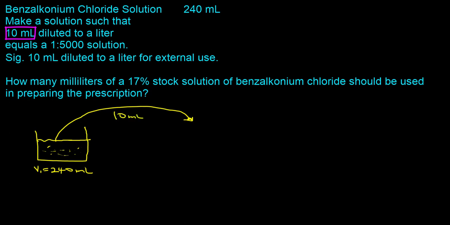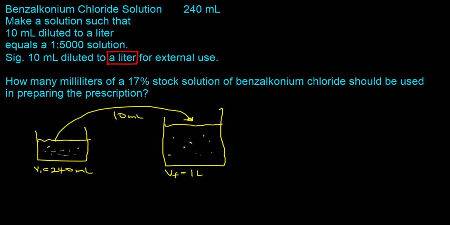And we are going to use this 10 milliliters to prepare a 1 liter solution. So the volume of this solution is actually 1 liter, or 1,000 milliliters, because 1,000 milliliters is equivalent to 1 liter.